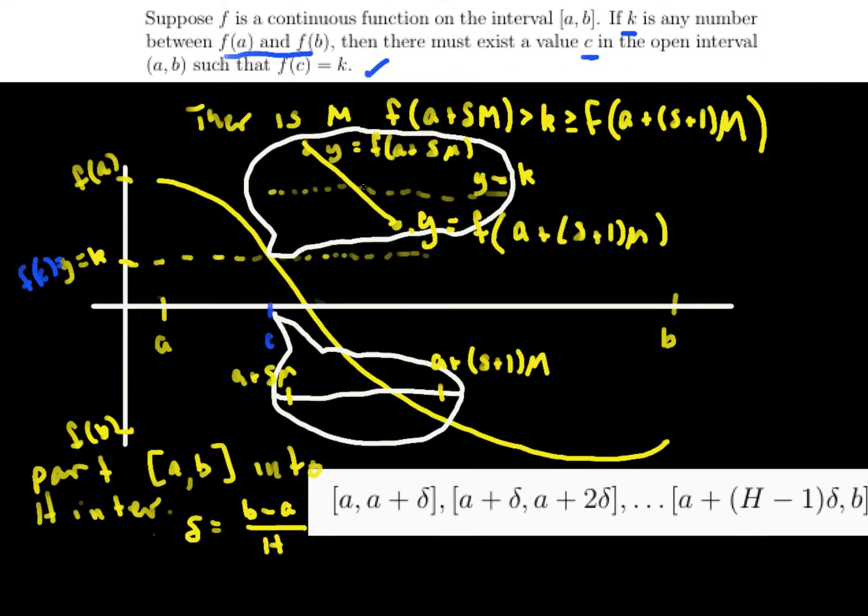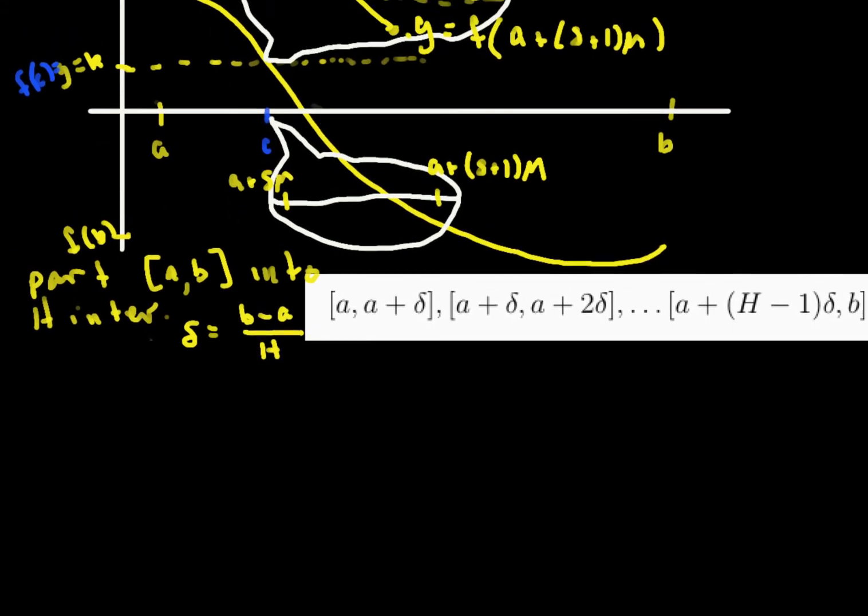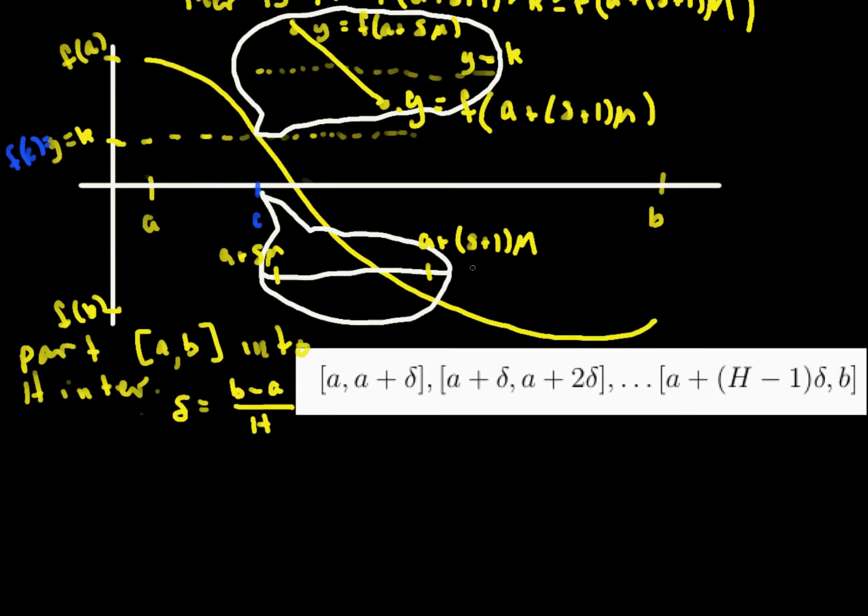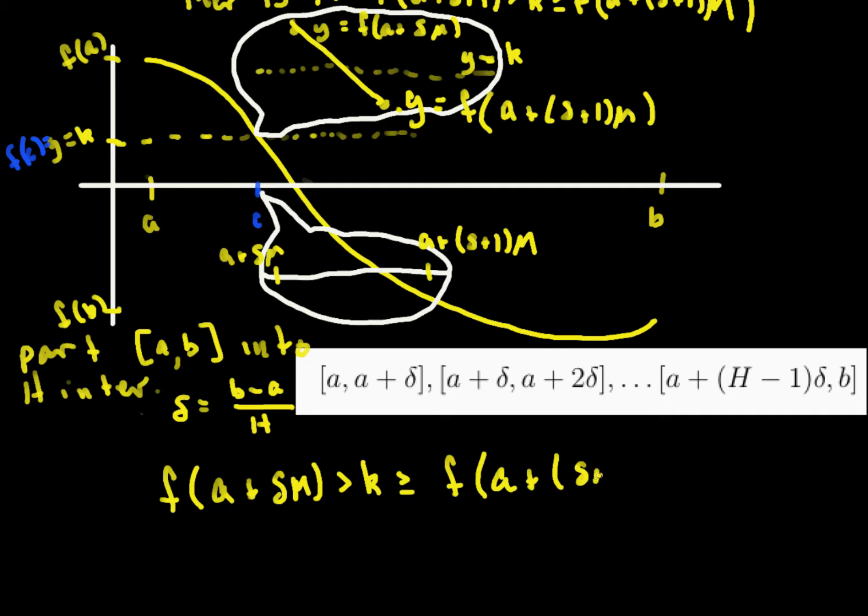Let's just do a little bit of math here. We have that f of a plus delta m is bigger than k, which is bigger than or equal to f of a plus delta times m plus 1.